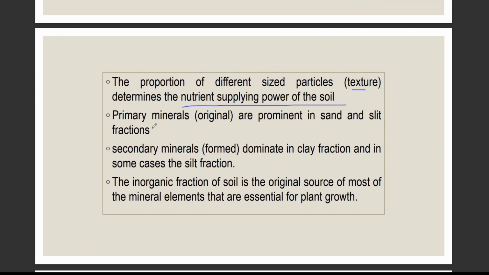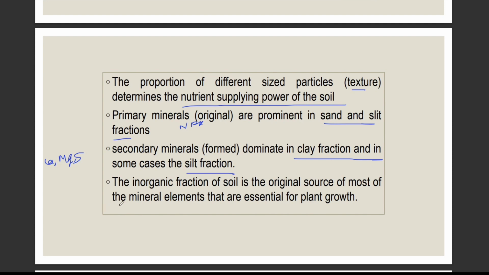Primary minerals, the original minerals, that is NPK, are prominent in sand and silt fractions. Then we have the secondary minerals, that are calcium, magnesium and sulfur, that dominate in the clay fraction and in some cases in the silt fraction.